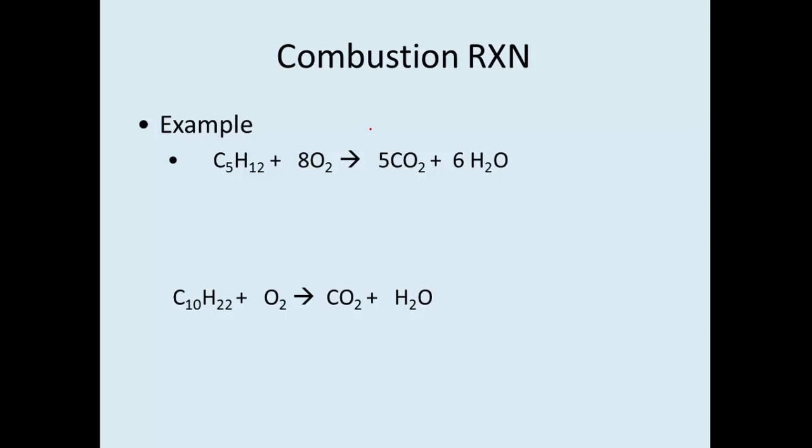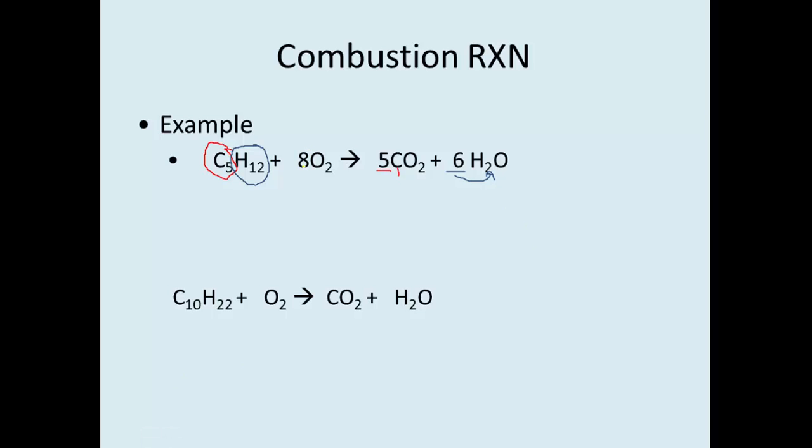So the first one here, you just make sure that everything has to be balanced, because remember we talked about nothing's created or destroyed. So we have 5 carbons on this side, and then because of the 5 coefficient here, we know we have 5 carbons on this side. On this side we have 12 hydrogen, and then 6 times 2 gives us 12, so now we know we have 12 hydrogen.